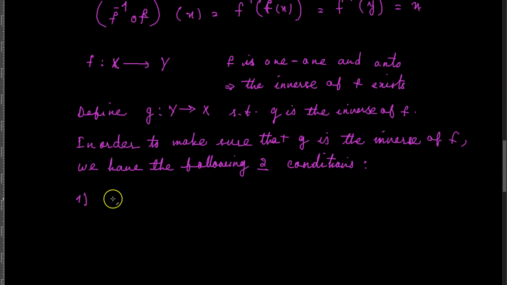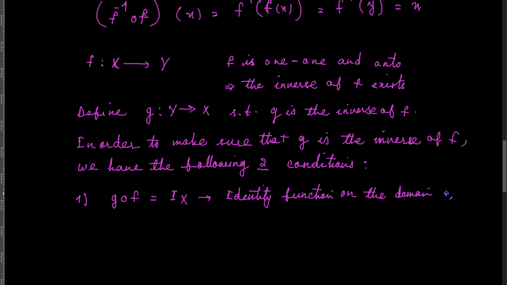Condition number 1, g of f has to be equal to I of x, meaning the identity function on the domain of f.